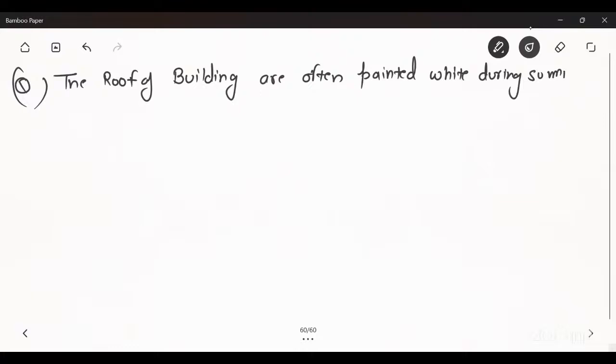Why? We have seen this concept in the class that the black body is a perfect absorber. That means it absorbs mostly the light rays of any wavelength falling on it, and white color is known as a good reflector. Black color is a good absorber and white color is a good reflector. So that's why the roof of a building is painted white during the summer.